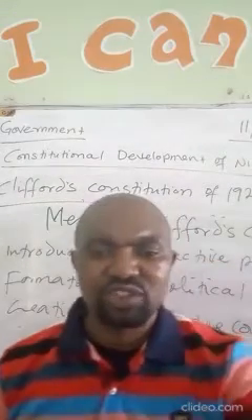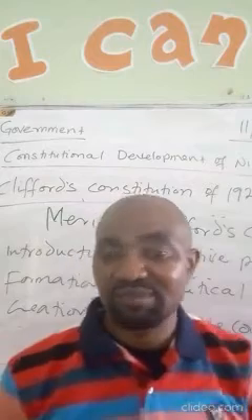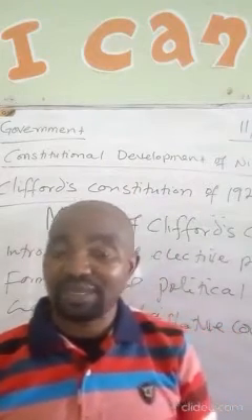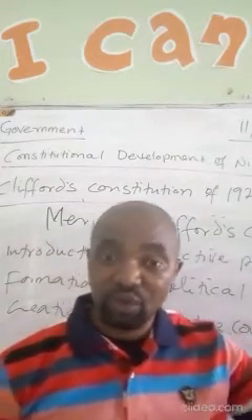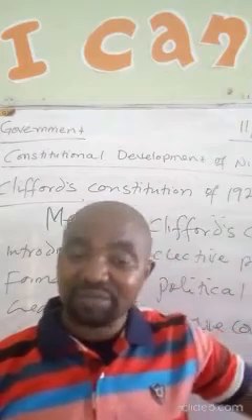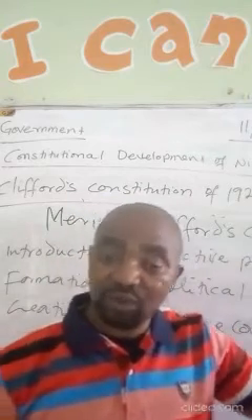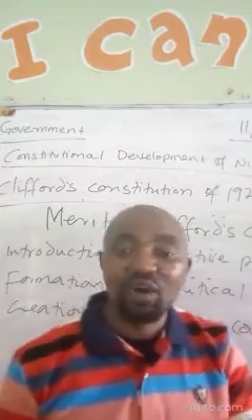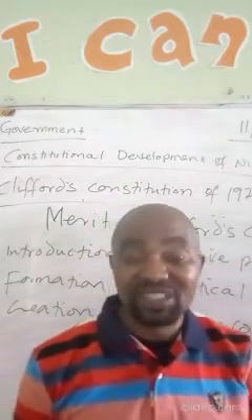This Legislative Council has 46 members that serve as lawmakers. Out of these 46 members, like I said, 27 are official members. Official here means that they are actually government workers. Then we have 19 that are unofficial, or in other words, ex-official.